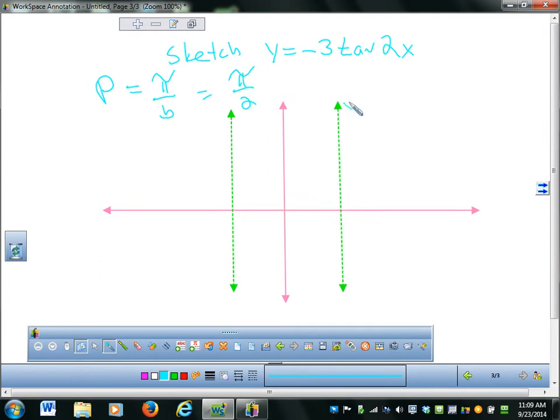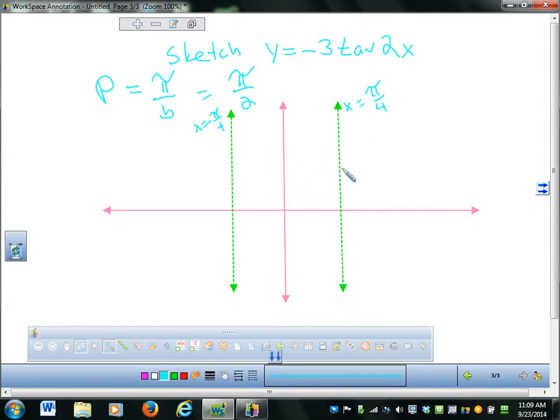Between positive pi over 4 and negative pi over 4, that makes one period. X equals negative pi over 4, because from here to here is pi over 2. You get that? So you always have to cut in half.